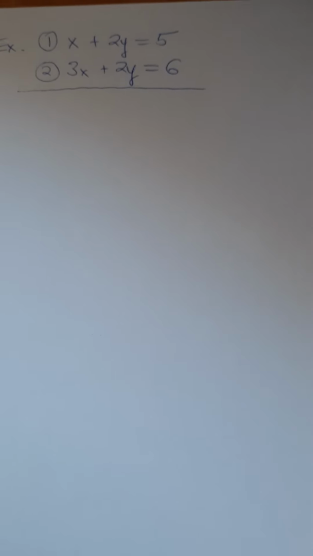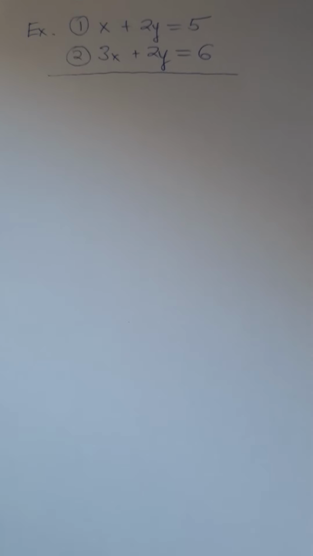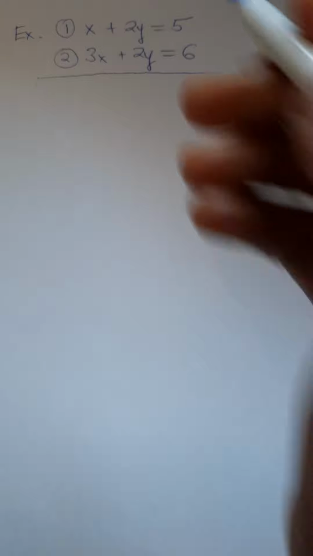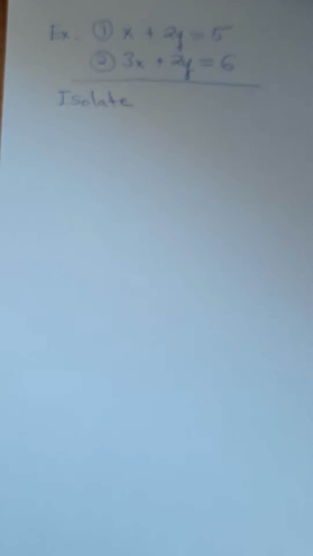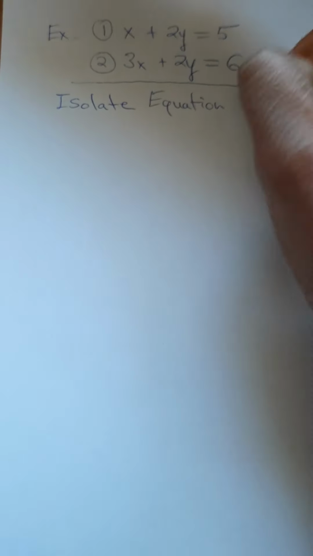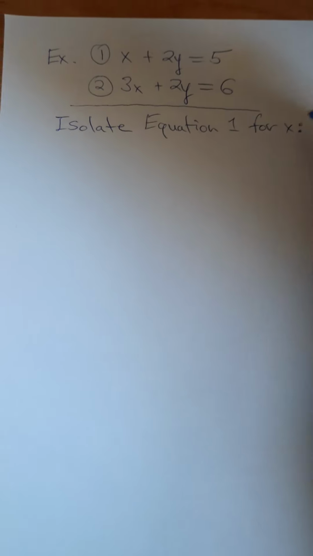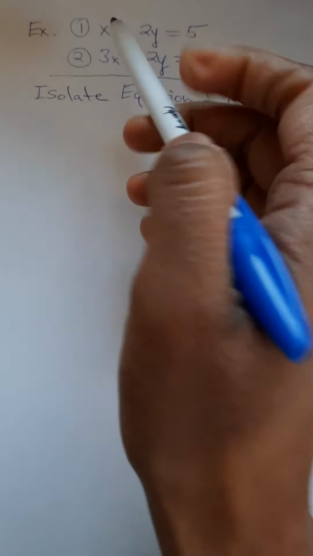So I have my two equations, and what I want to do again is the same thing. I'm going to isolate equation 1. You notice in this case I don't have one of the variables isolated. So let's isolate equation 1 for x. I'm only looking for the coefficients.